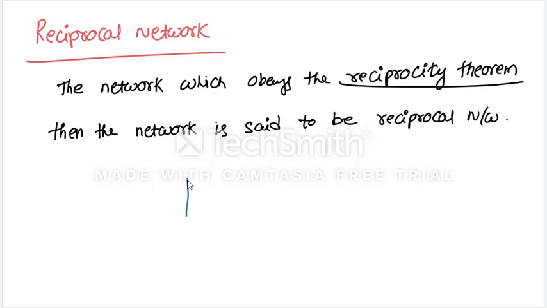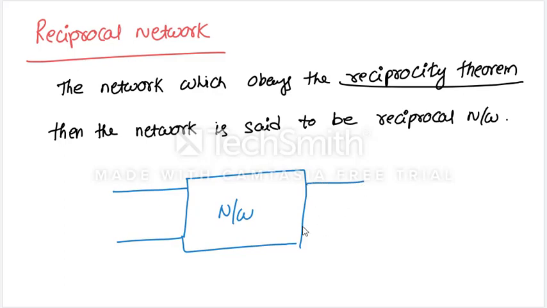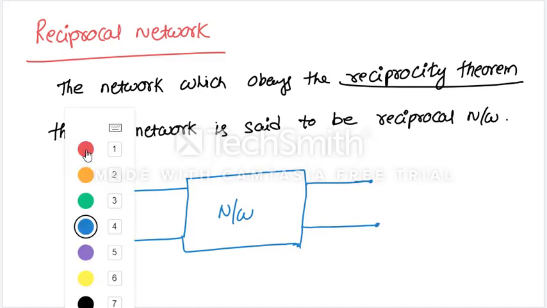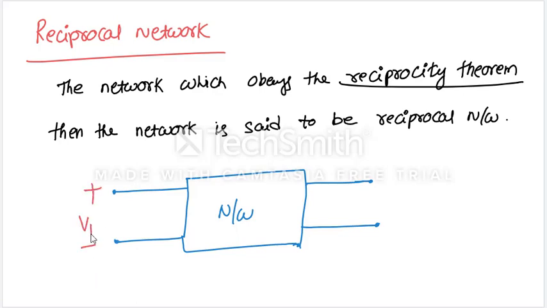Now consider this is the network, this is port 1 and this is port 2. This is V1, I1, this is V2, this is I2. Reciprocity theorem means what we have seen previously, the ratio of excitation to response.